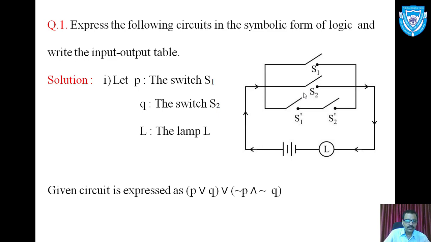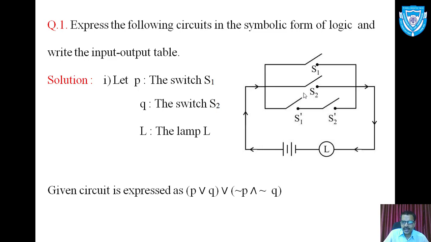And now using these logical symbols and the different possible connections of the switches in the circuit, one can form a compound statement. See here, first of all, switches S1 and S2 in the circuit are connected in parallel. That parallel connection of these two switches S1 and S2 can be considered as one loop.